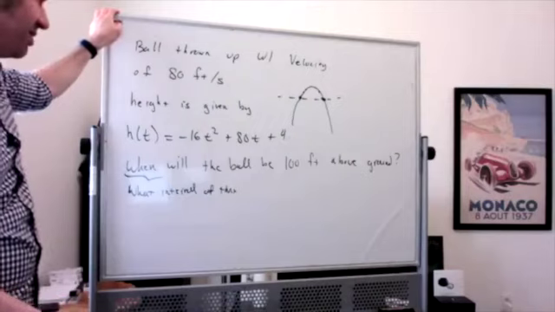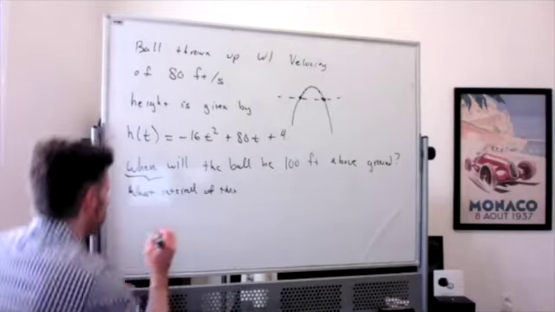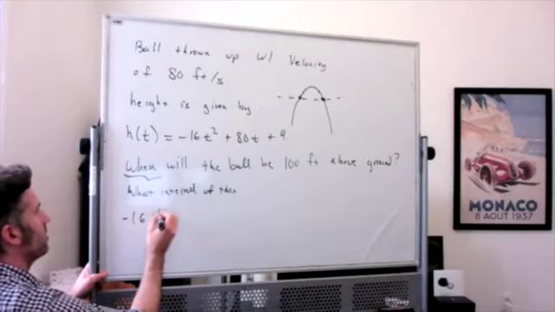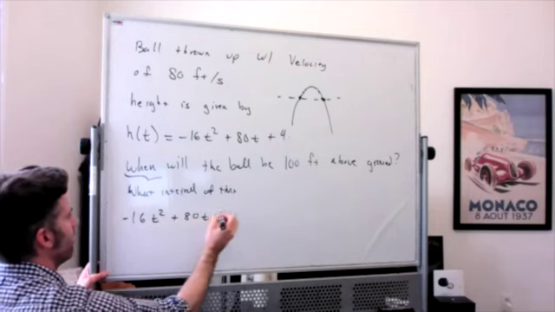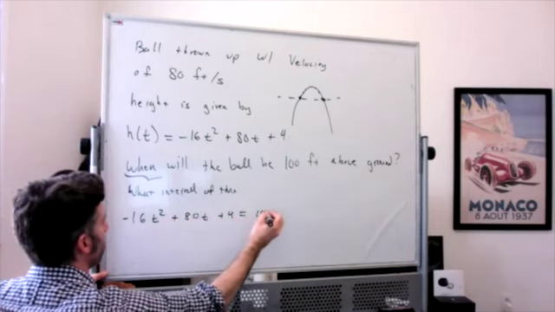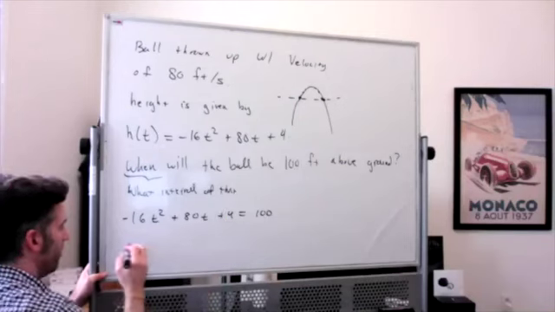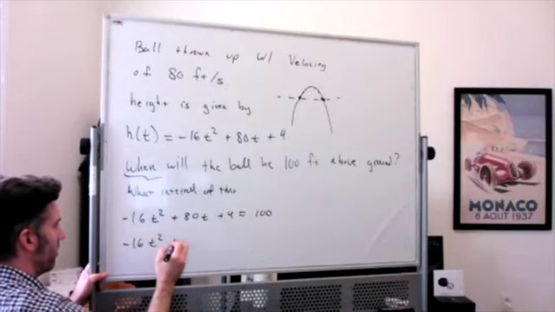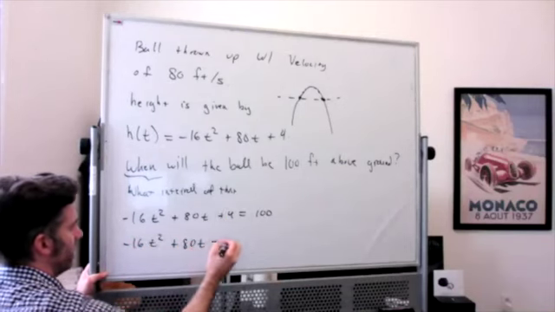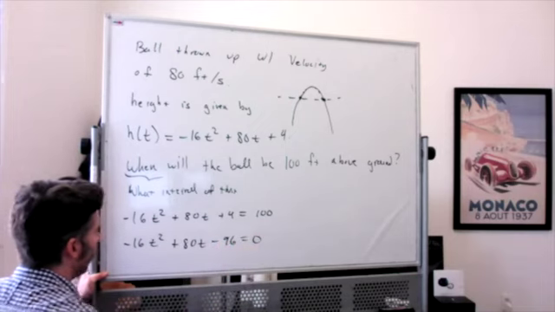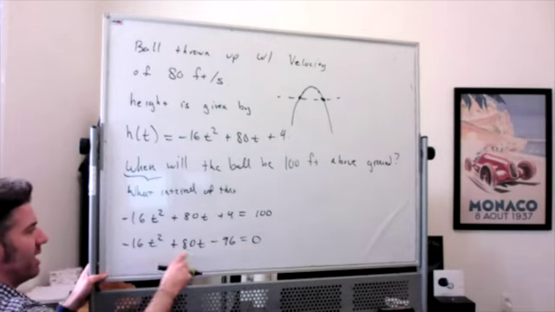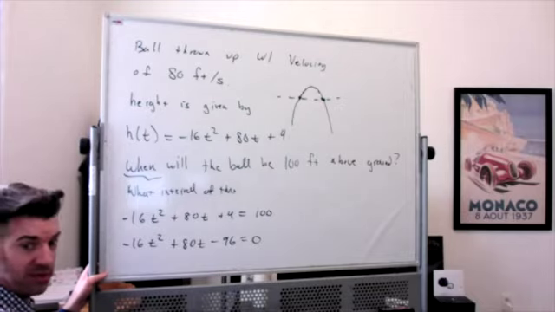So I'm going to set negative 16t squared plus 80t plus 4 equal to 100. I'm going to subtract 100. So negative 16t squared plus 80t minus 96 equals 0. I'm going to notice that 16, 80, and 96 are all multiples of 16.